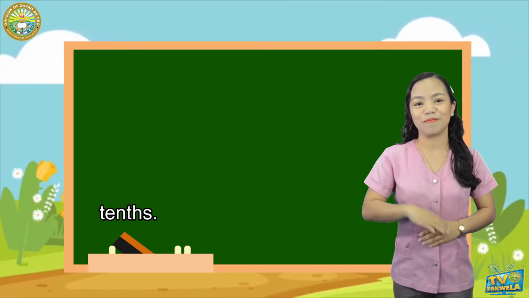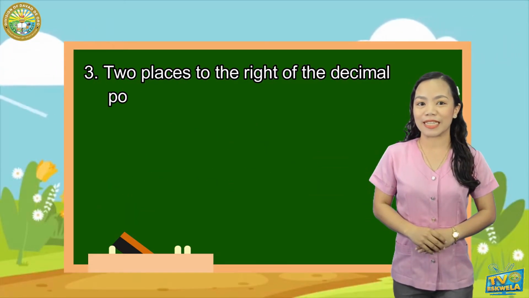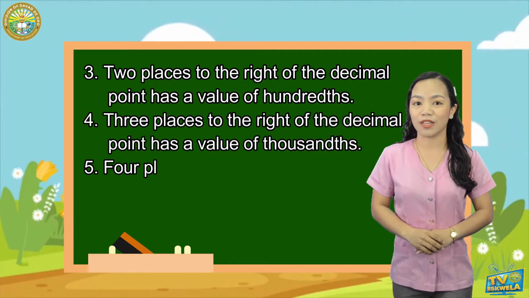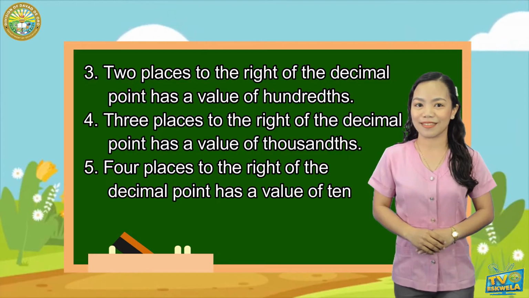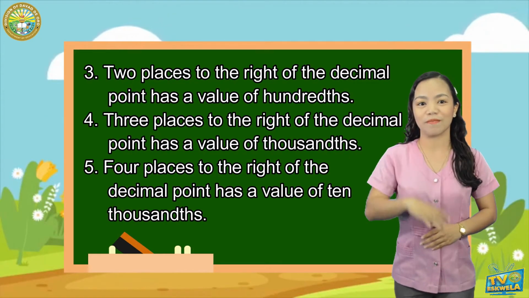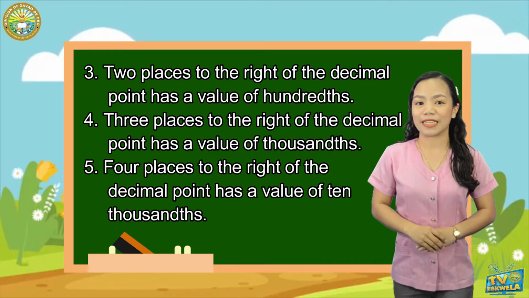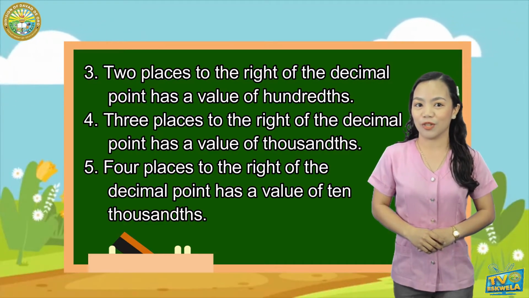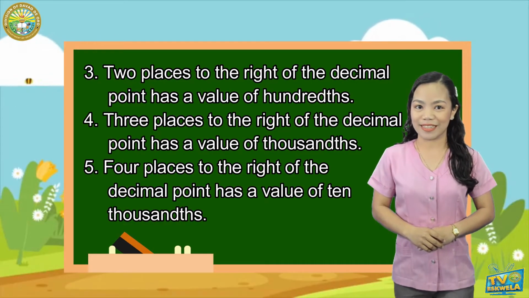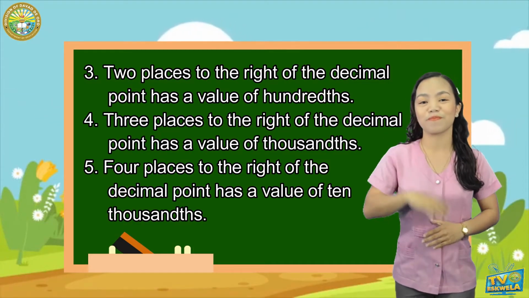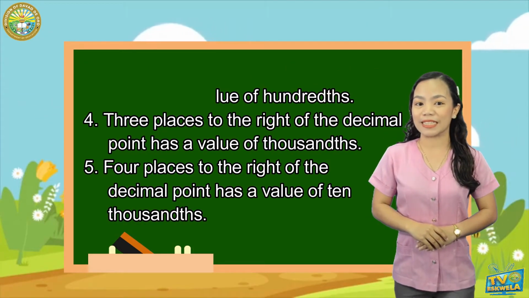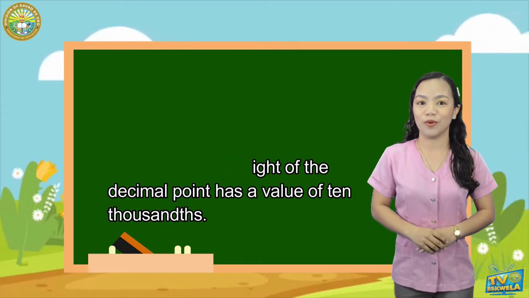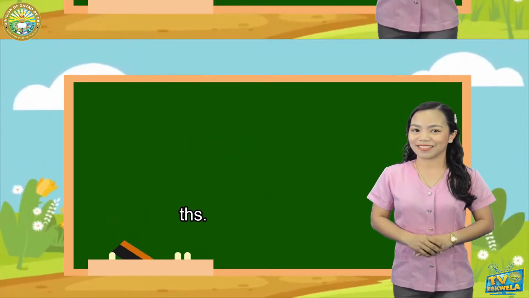Number 3. Two places to the right of the decimal point has a value of hundredths. Number 4. 3 places to the right of the decimal point has a value of thousandths. And number 5. 4 places to the right of the decimal point has a value of 10 thousandths.